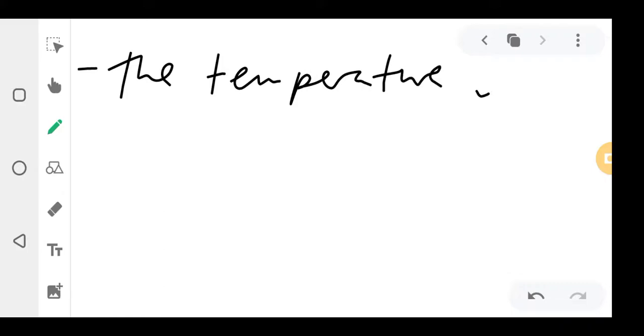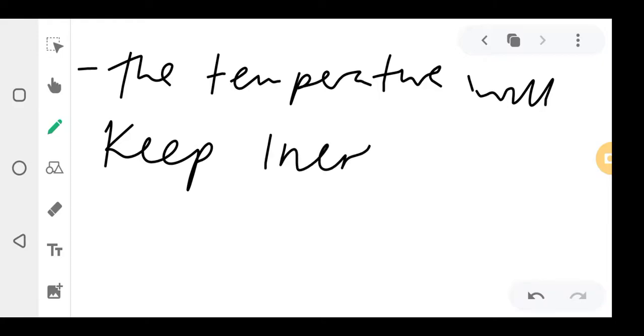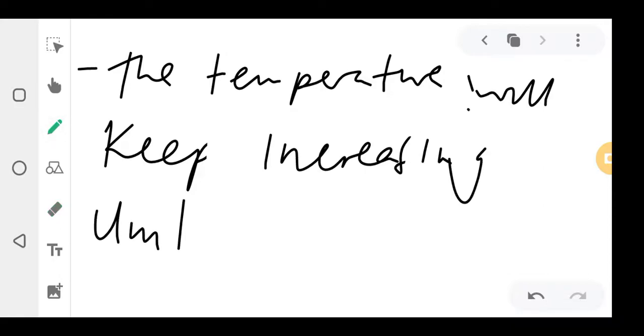You see? So the temperature will keep increasing until it reaches optimum temperature.